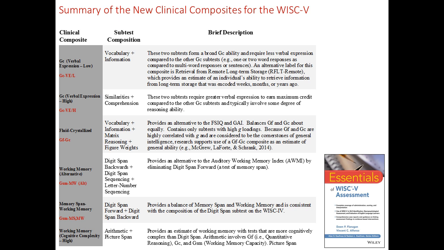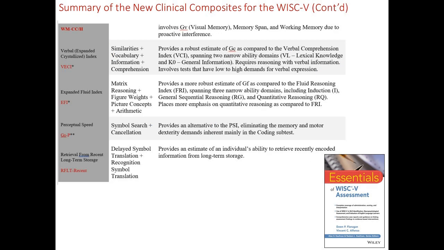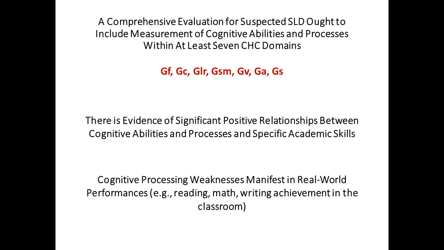So remote long-term stores versus recent long-term stores. So that's a comparison that may be important. And it's described in the chapter written by George McCloskey in Essentials of WISC-5 Assessment.